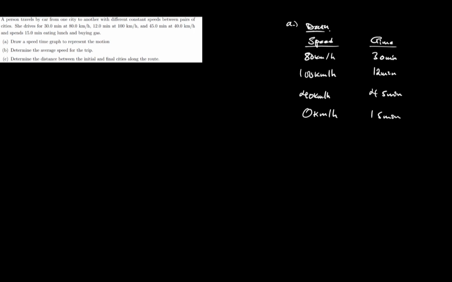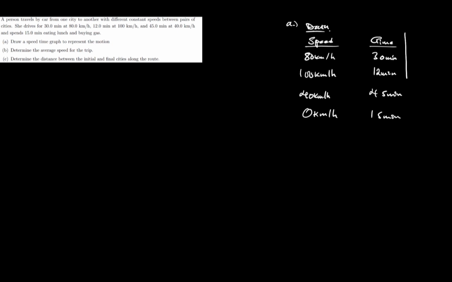Either way works, so long as we balance. For example, we could use kilometers per minute for speed and keep minutes for time. But it's easier to convert the time to hours.